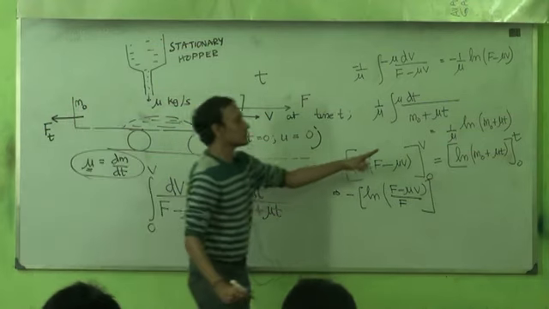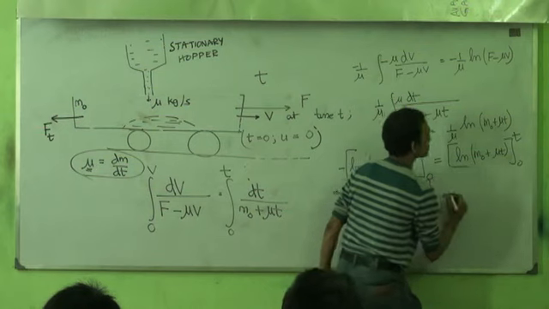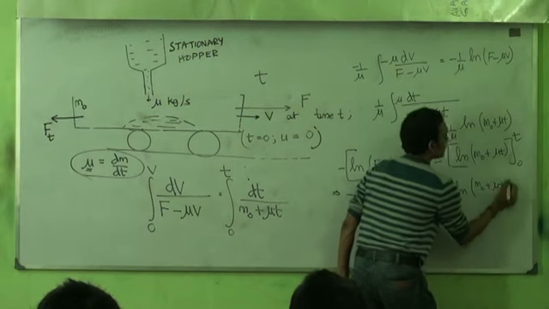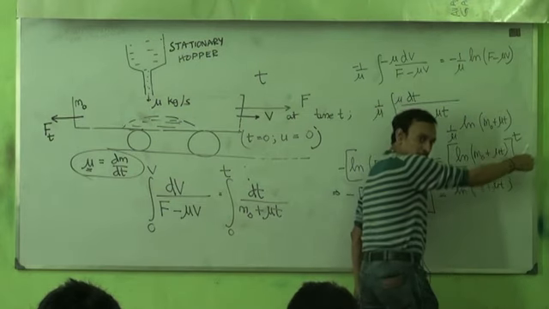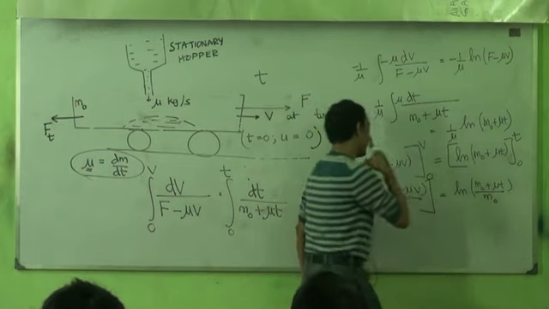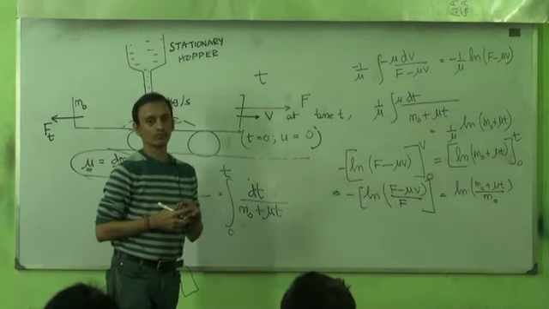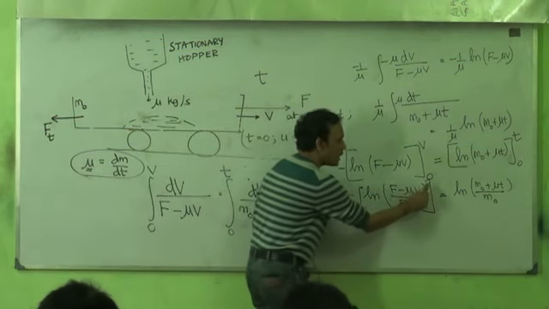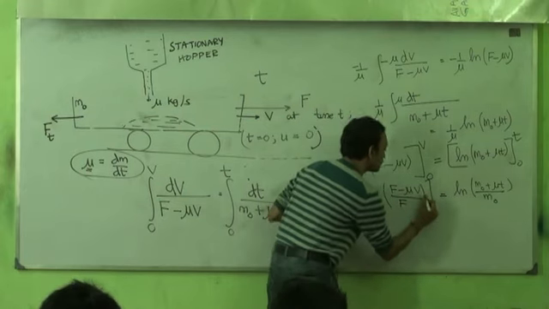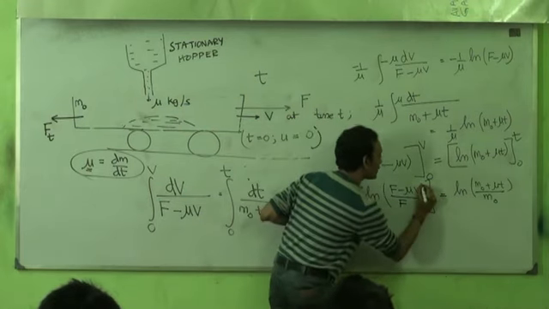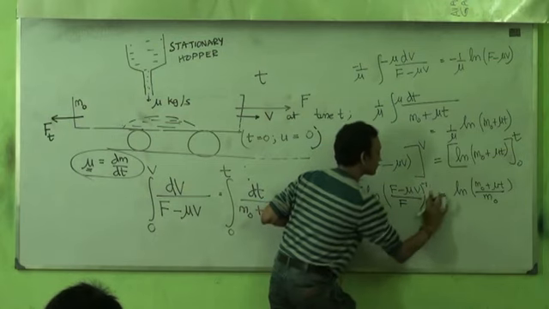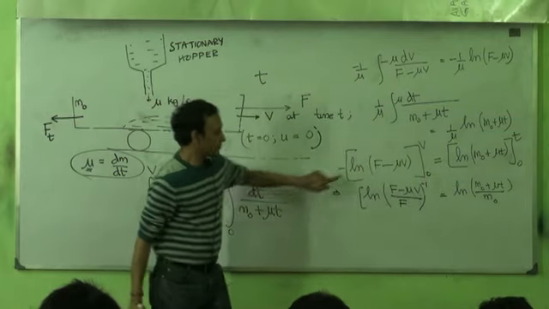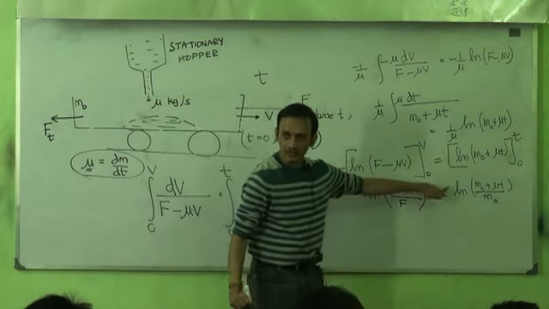The right hand side is log, final value m naught plus mu t, minus the initial value log m naught, so log of m naught plus mu t by m naught. And this minus sign can find a place here, in the power, right?